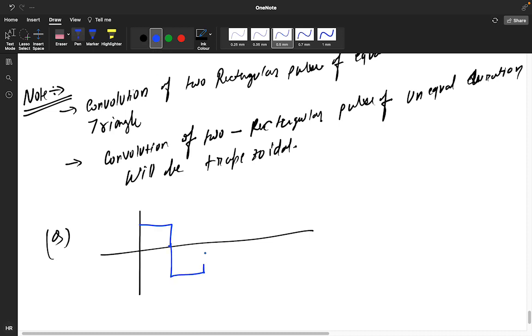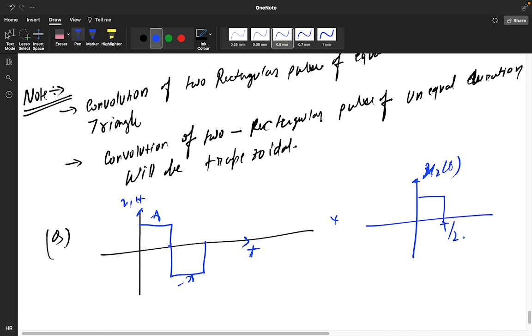So this is your a, x1 of t, this is minus a, this is t, and you are doing convolution with this particular graph, x2 of t. They had given t by 2 here, and this is your t by 2. So how will you solve this convolution?